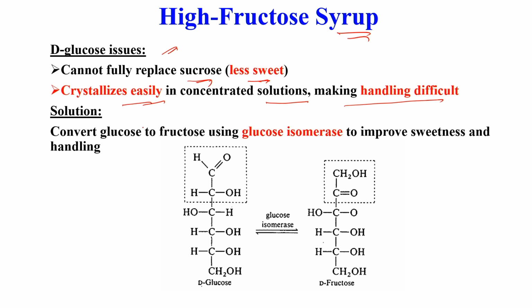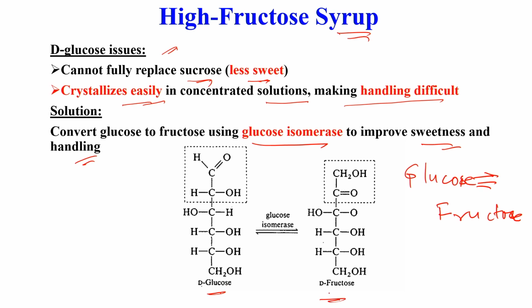You can convert glucose to fructose, and the enzyme is glucose isomerase, to improve sweetness as well as the handling part. You can see this D-glucose is converted to D-fructose.